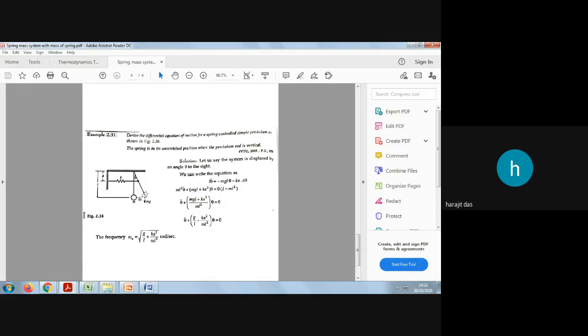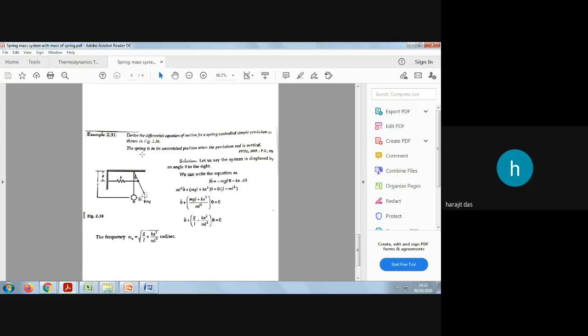This displaced diagram is not given in the question. Actually, this is the displaced position of the pendulum, shown by a dotted line or dotted circle. The initial position is this one, the vertical position of this mass m or bob m, and the spring was not stretched initially. In this figure the displaced diagram is shown.